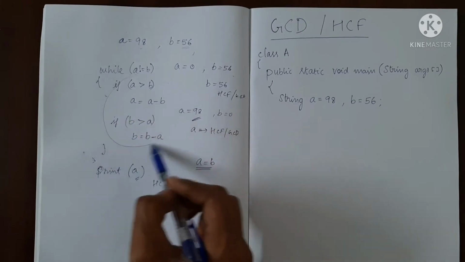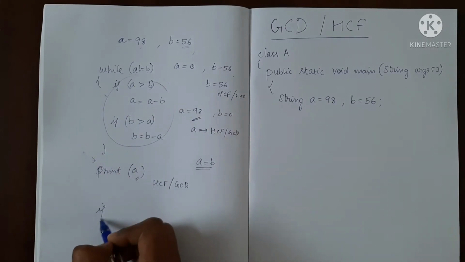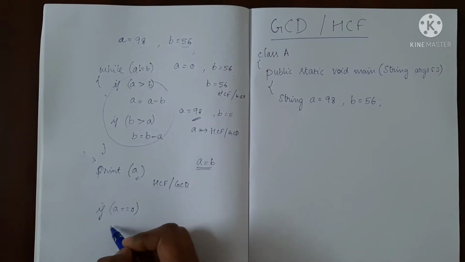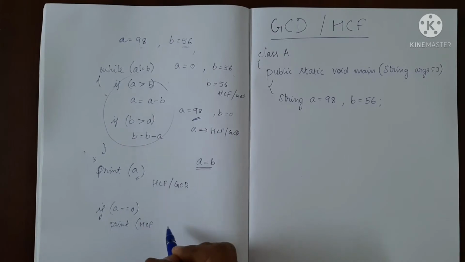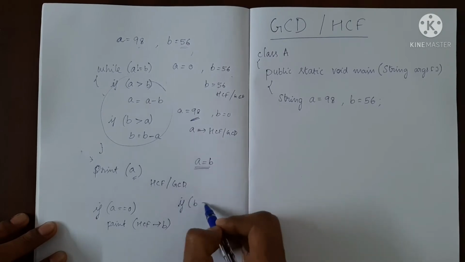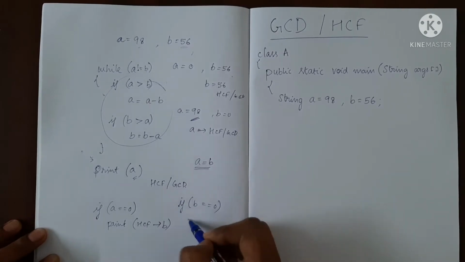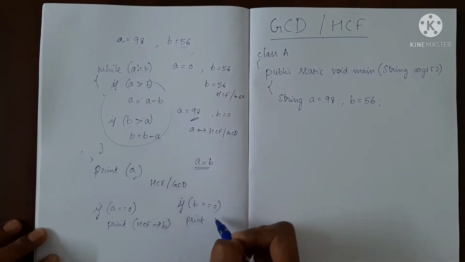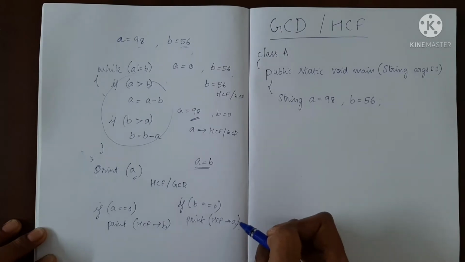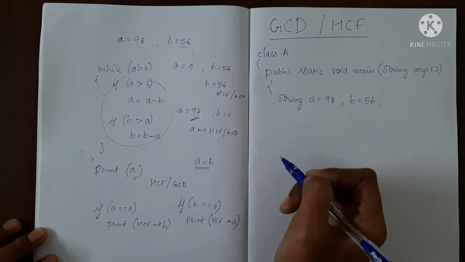So here we will include two more conditions: if A equal to 0, we will print HCF as B. Same way, if B is 0, we will print HCF as A. So these are a few things which we have to keep in mind. So let's write the program.